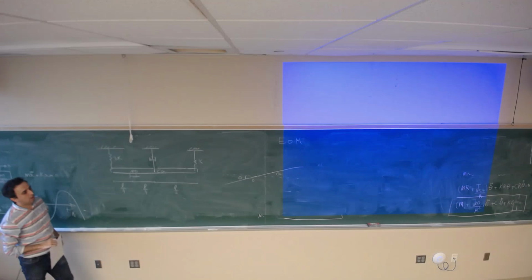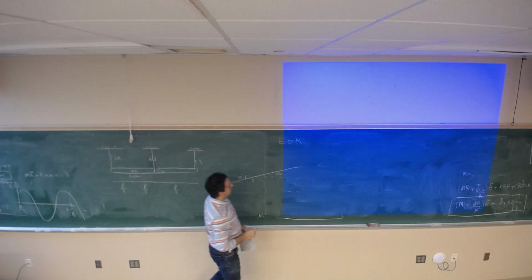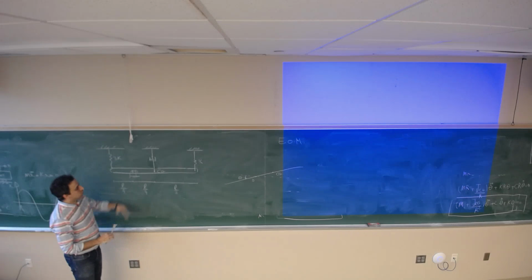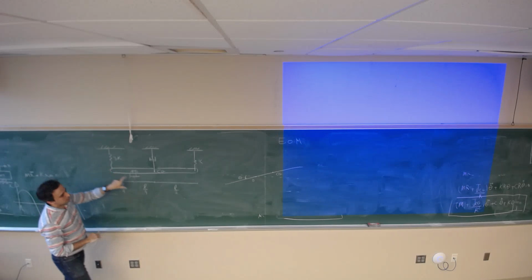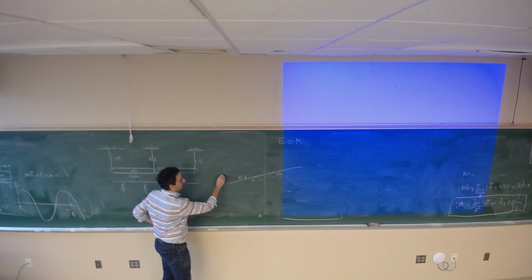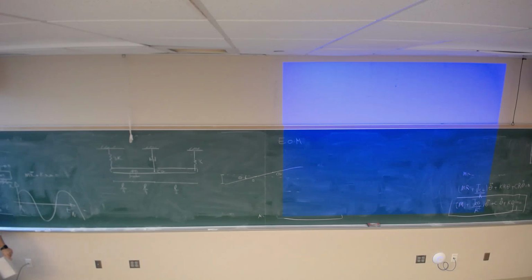Then I can write Newton's equation and derive the equation of motion. So if this is at the angle of theta, how much would be this distance? How much would be the deflection on this spring? If we find that distance, it's going to be the deflection on the spring.